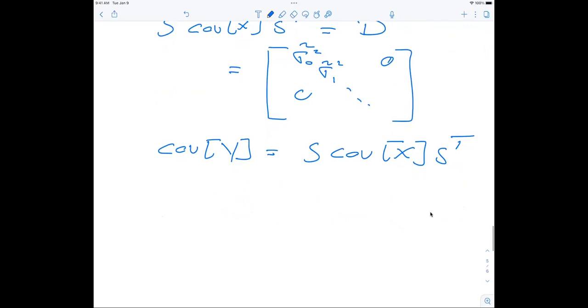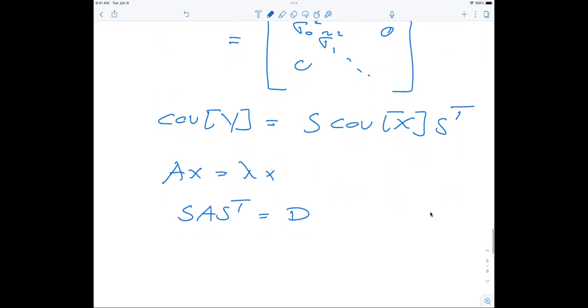So if you take a matrix problem, A times X equal to lambda times X, and you have a matrix S, a transformation with an orthogonal matrix, where this becomes a diagonal matrix, the eigenvalues will be preserved, but what changes are the eigenvectors by these unitary or orthogonal transformations.